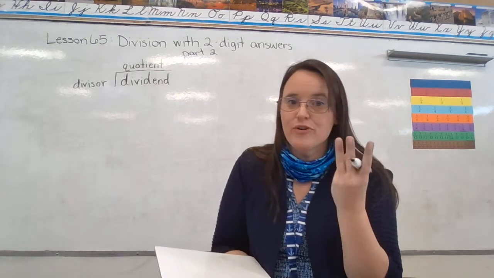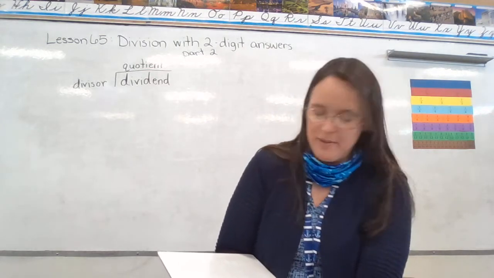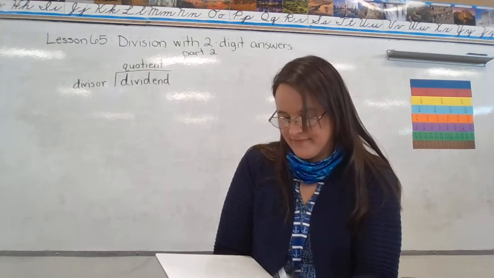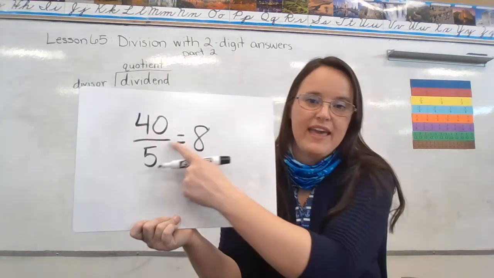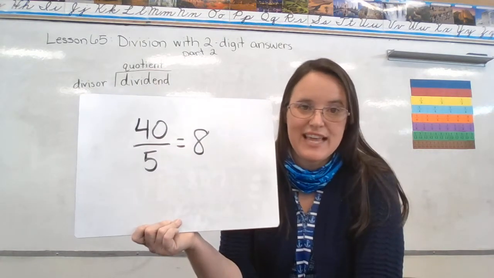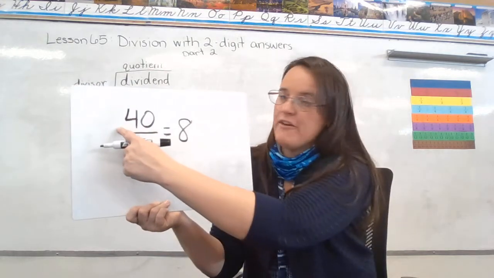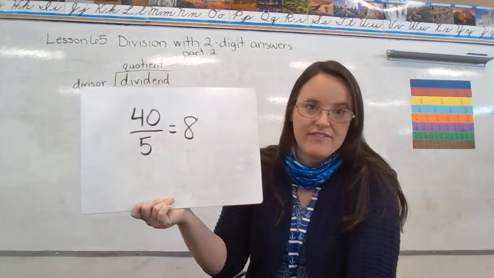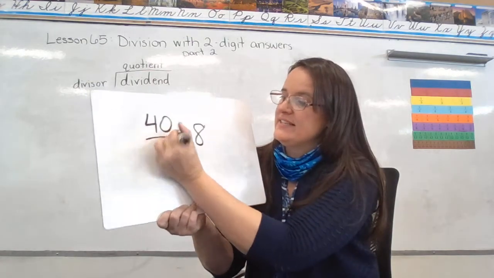Okay, the third way to write a division problem looks like a fraction. A fraction is the same thing as a division problem. In this case, we have 40 in our numerator, 5 in our denominator. This fraction bar means divided by.